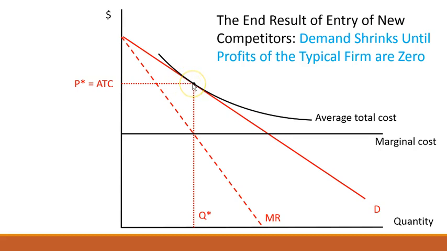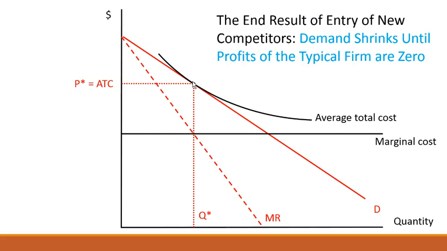When do profits disappear? Well, profits go to zero when the firm's price is just equal to its average total costs. And remember, of course, those costs are comprehensive costs. They include explicit costs and implicit costs. Economic costs, in other words. So, demand is going to decline as new firms enter the industry until the typical firm is earning zero profits.